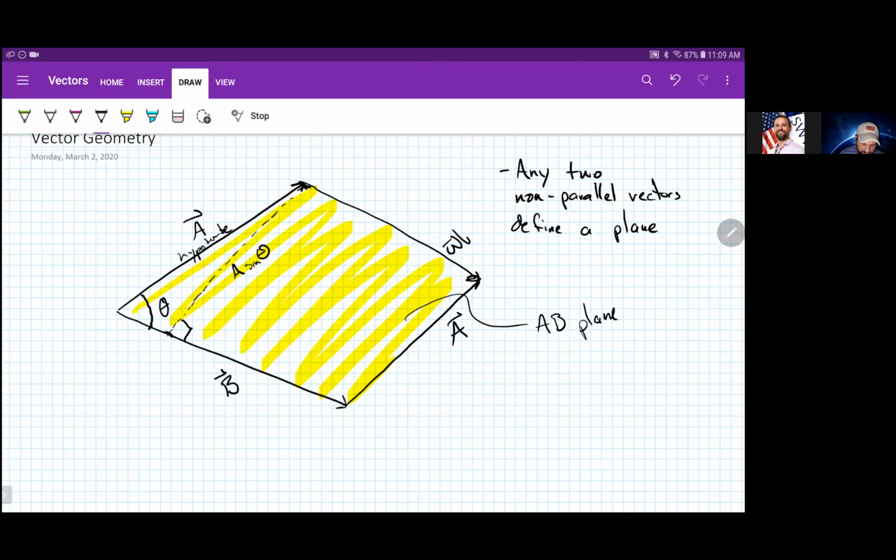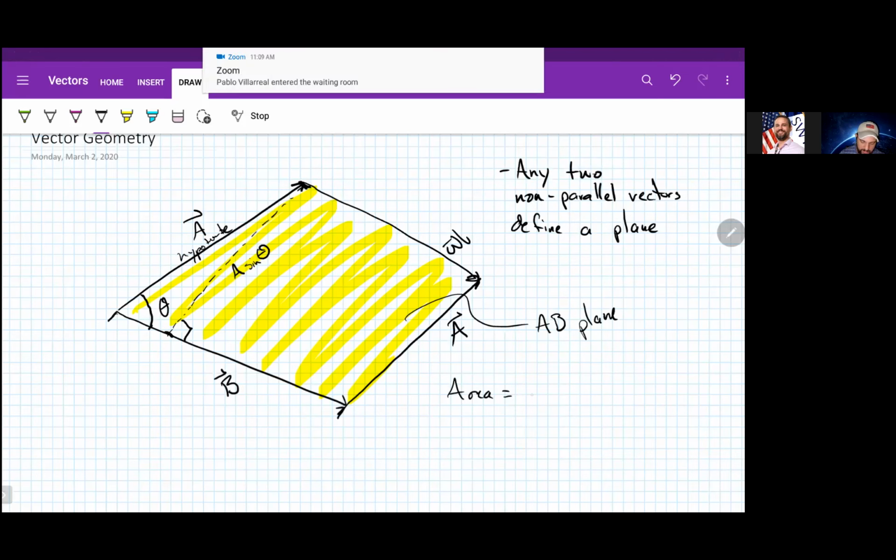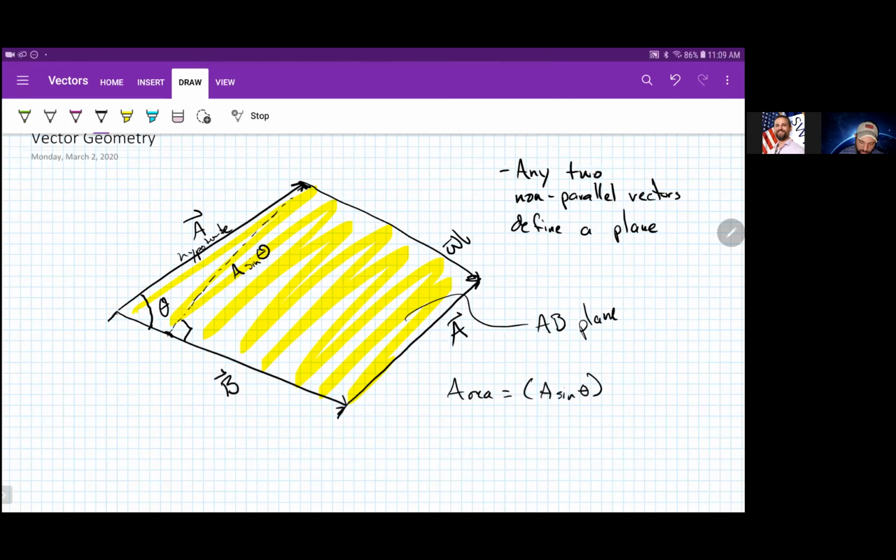And then I could multiply that times the magnitude of B. Okay, so the area of that quadrilateral is going to equal A sine theta times B. That's the equation that we use. That's just from geometry.